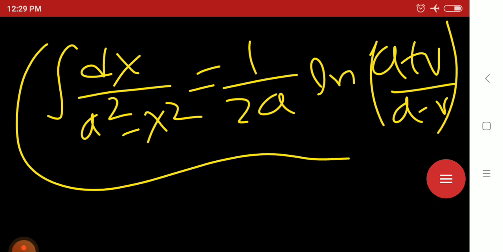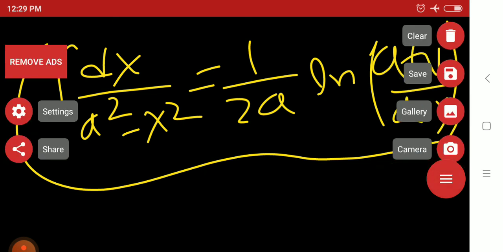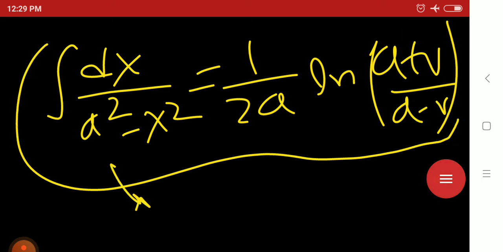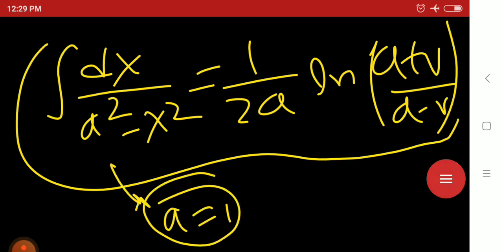This is the form, 1 by 2a log a plus x by a minus x. So from here, if we put a equals 1 and x equals v, what will we get? Dv by 1 minus v square, 1 by 2 log 1 plus v by 1 minus v.